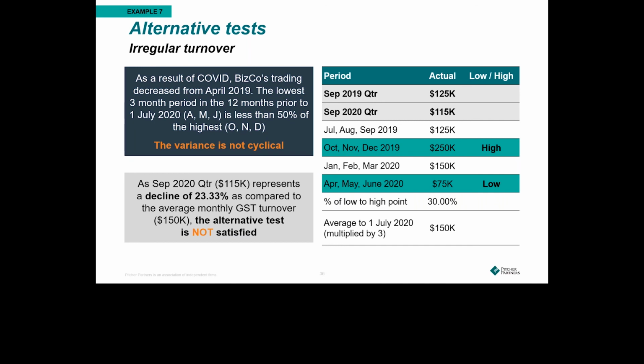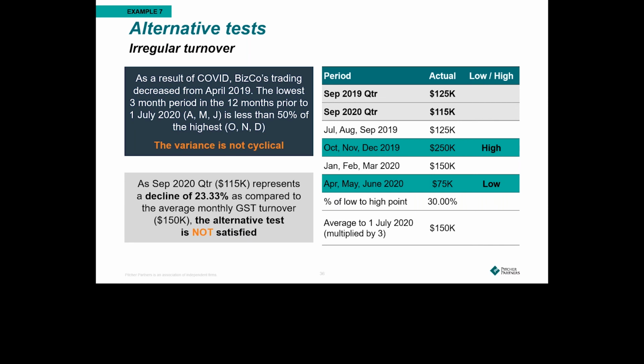So again, once we pass the gateway, we can smooth out that turnover over those 12 months prior to 1 July in this instance, which is 600,000. So we smooth it out, we get 150,000 on average. And that becomes our comparison turnover. But all that being said, we still don't satisfy the decline in turnover test, even though we can use a slightly higher turnover to compare to.